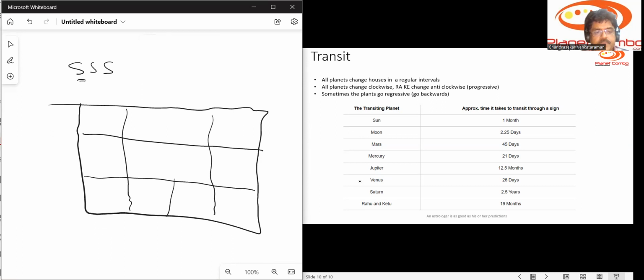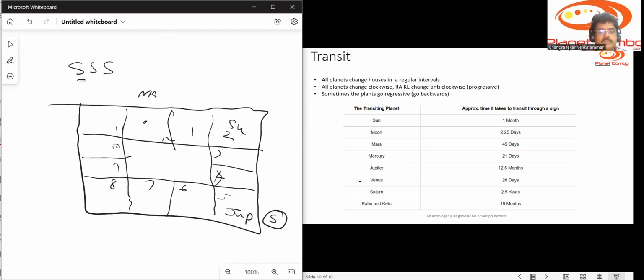Okay, simple chart like this, equal distribution with 1, 2, 3, all equal. There is no Placidus, 6, 7, 8, 9, 10, 11, 12. There'll be one position here, which is Mars, and it will have only the sign lord. So if you know Mars, it will be in this sign. Sun will be here, Jupiter will be here. There is no SSS combination, only the sign lord will be available.